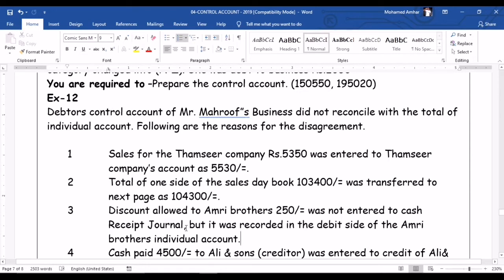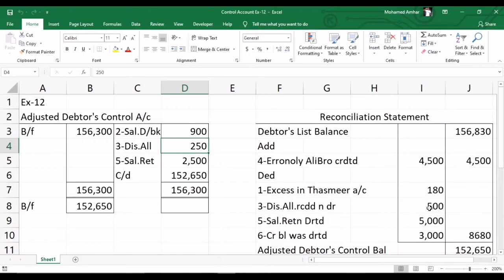So if one credit entry is debited, then the error will double. So in the Amri brothers individual account, the final balance would increase by 500. Thereby the list balance will also increase by 500, so you have to deduct 500 from the list balance.